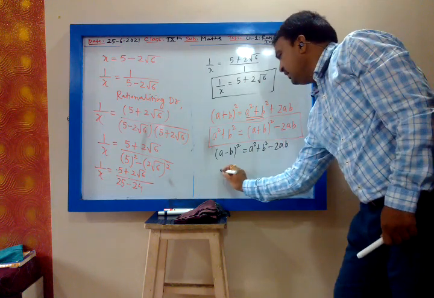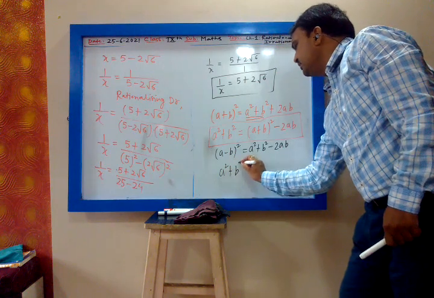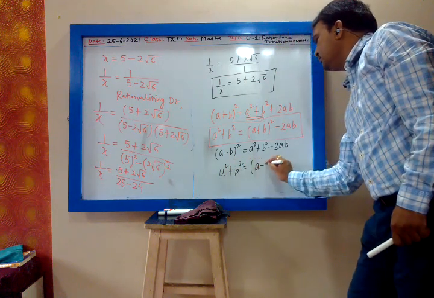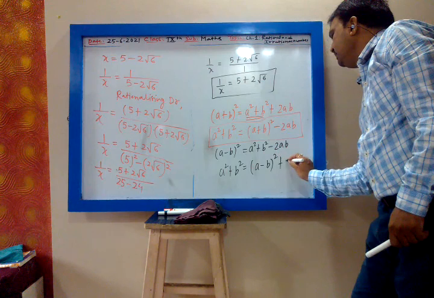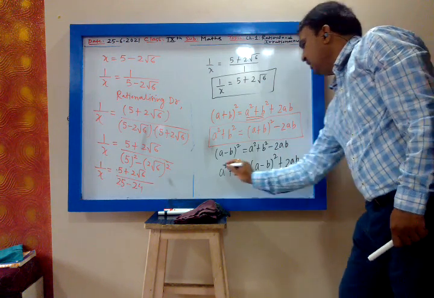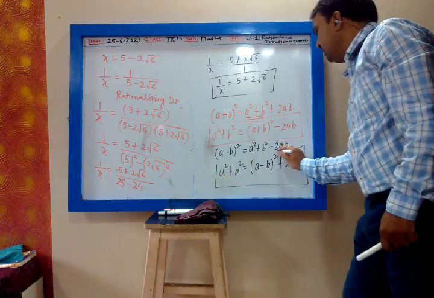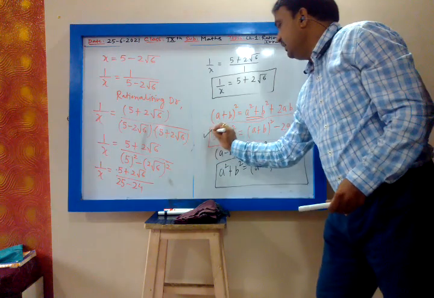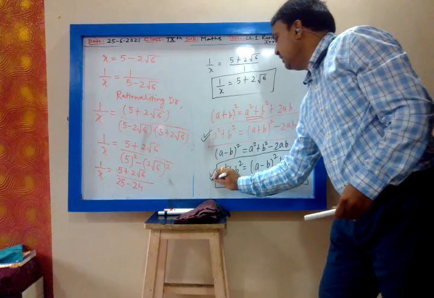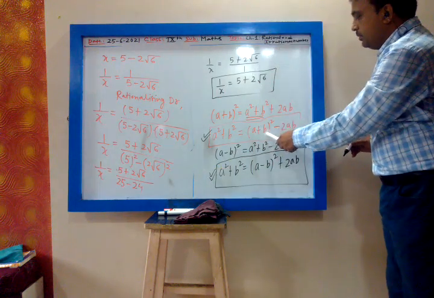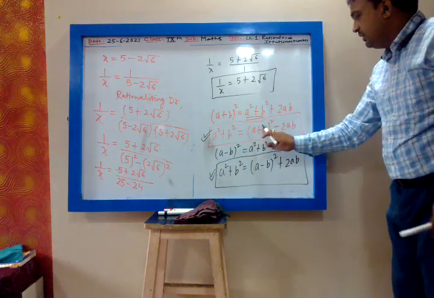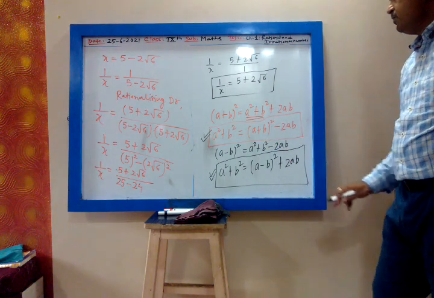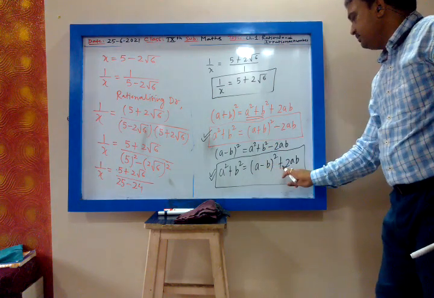So a square plus b square, I can write as (a minus b) whole square plus 2ab. So there are two formulas to find a square plus b square. When you are writing (a plus b) whole square, then it is minus 2ab. Whenever it is plus, it is minus. Whenever it is minus, it is plus.